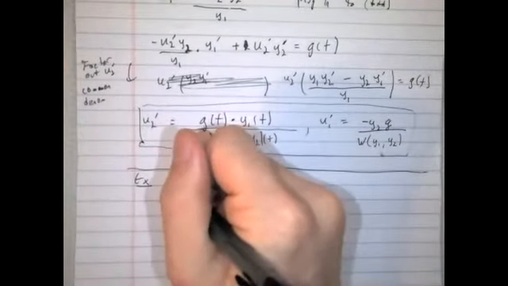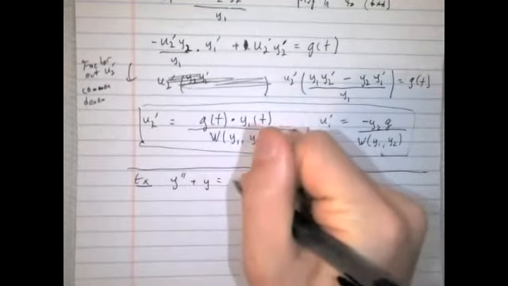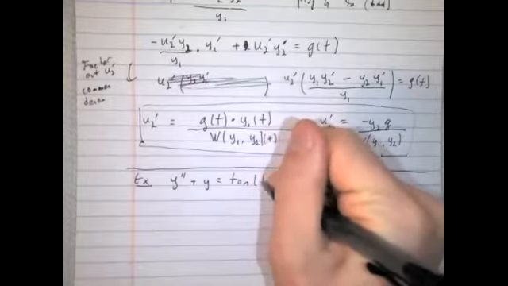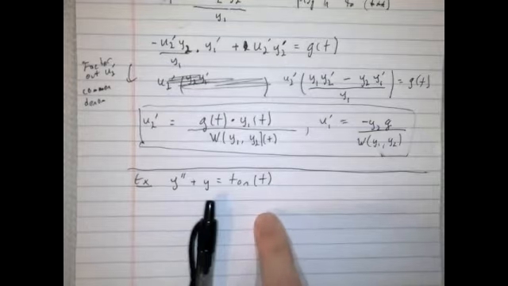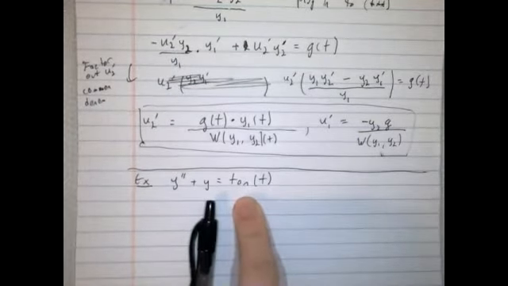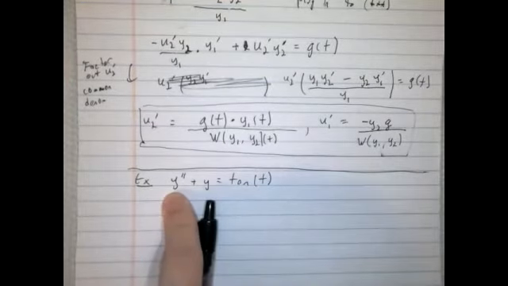Let's solve y double prime plus y is equal to tangent of t. Notice already that I am in no mood whatsoever to try the undetermined coefficients method with this non-homogeneous differential equation, because the derivative of tangent is secant squared, and the second derivative of tangent is going to be whatever happens when you apply the product rule to secant squared.